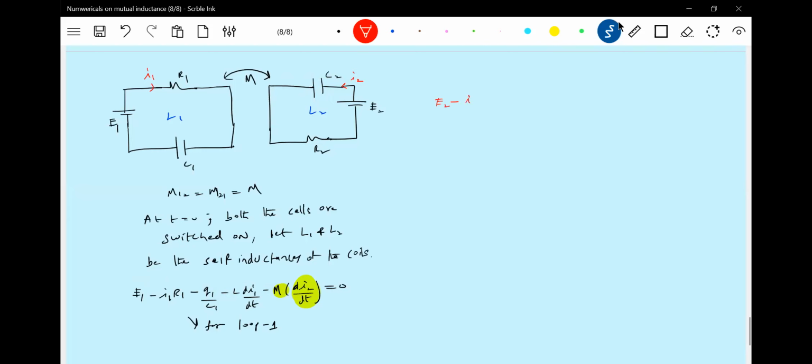E2 minus Q2 by C2 minus L2 di2 by dt minus M di1 by dt.